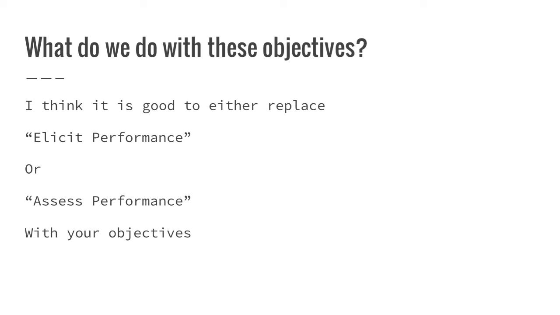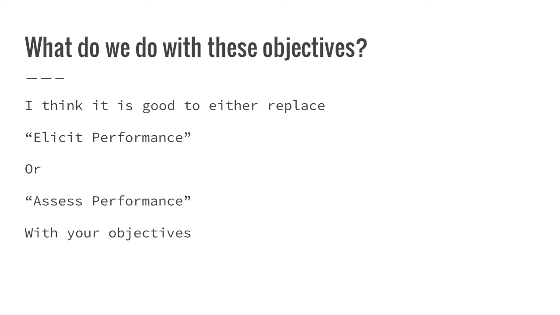So what do we do with these objectives? We've already talked about Gagne's 9 events of instruction. So in my opinion, you take these objectives and you either replace the elicit performance stage. So basically the objectives are your main activity, or you put them in the assess performance stage. Either of those are fine, in my opinion.